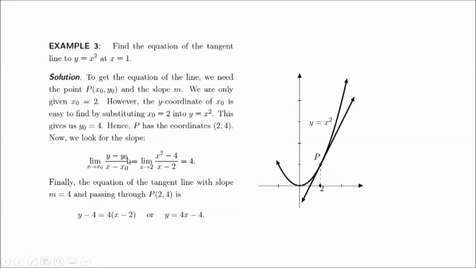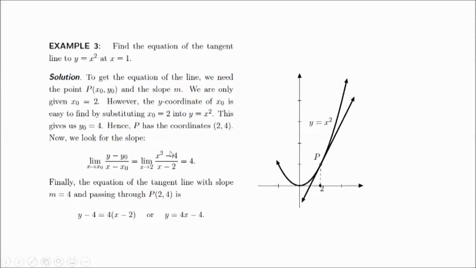Okay, ano yung y sub 0 dito? So meron tayong isang point, class. Ito na yung x sub 0 natin, which is 2. Ngayon, to get the y sub 0, we can substitute yung 2 sa equation natin, which is 2 squared.